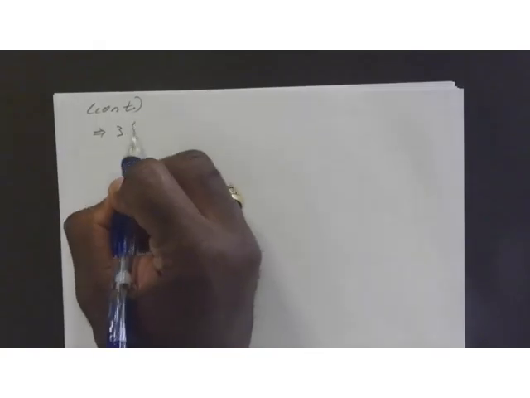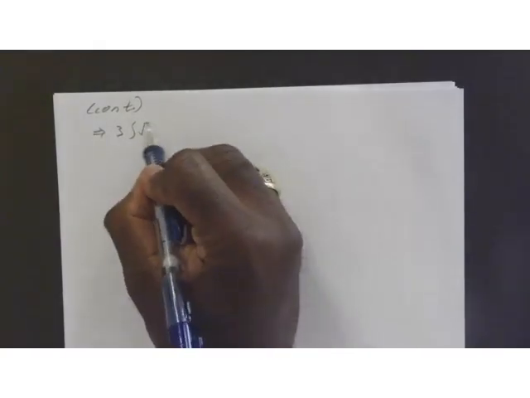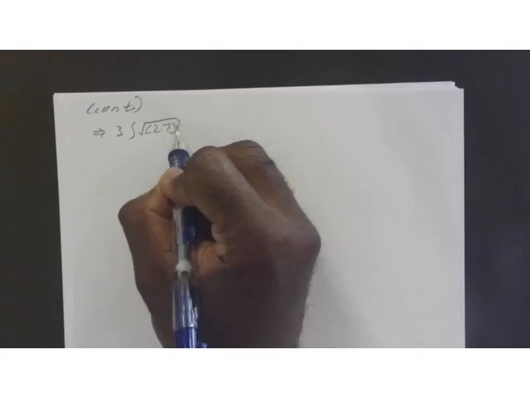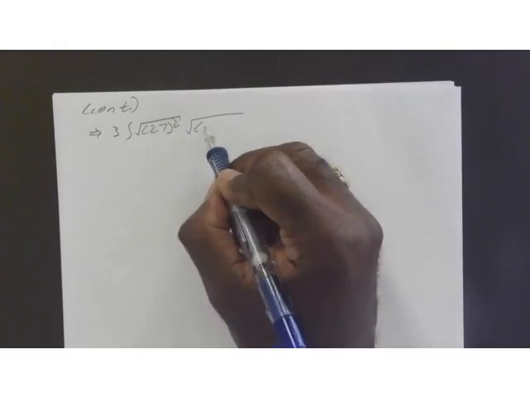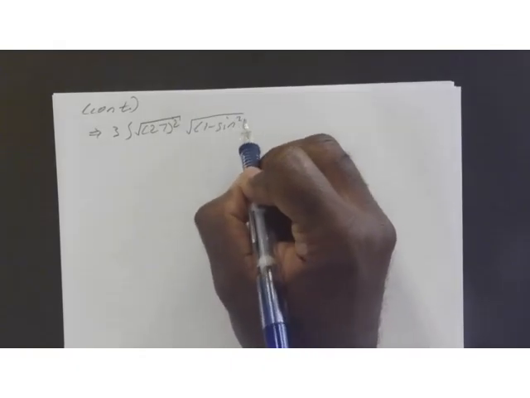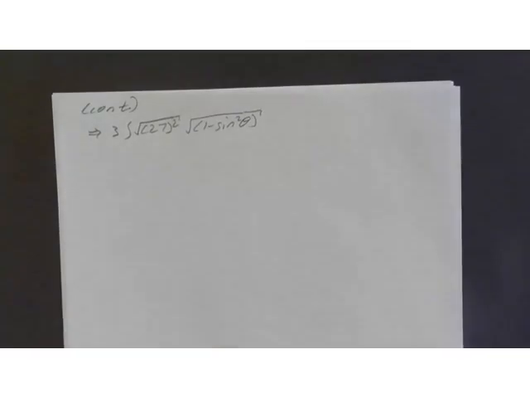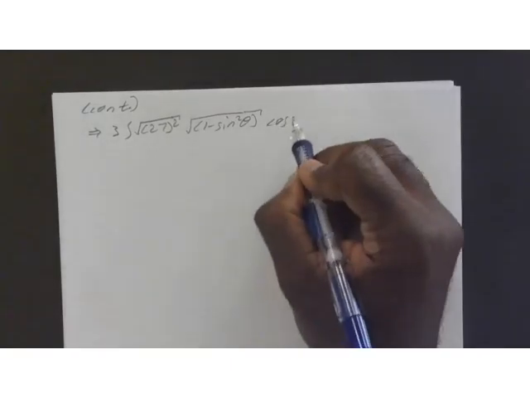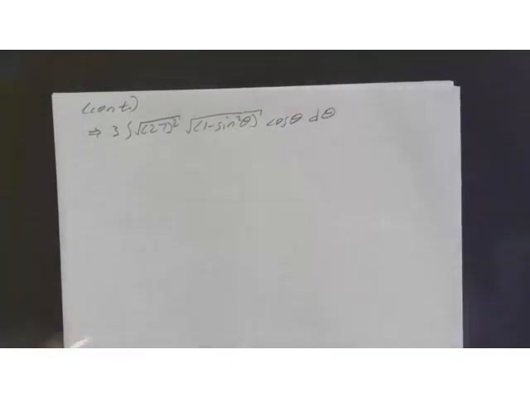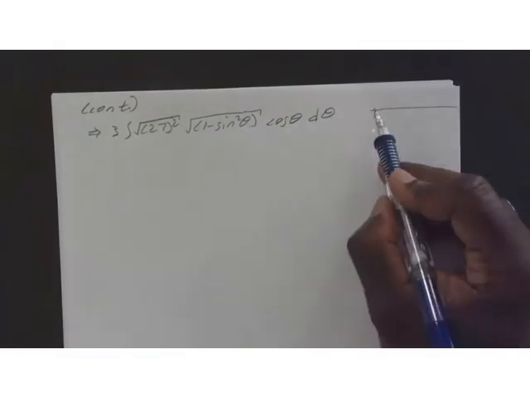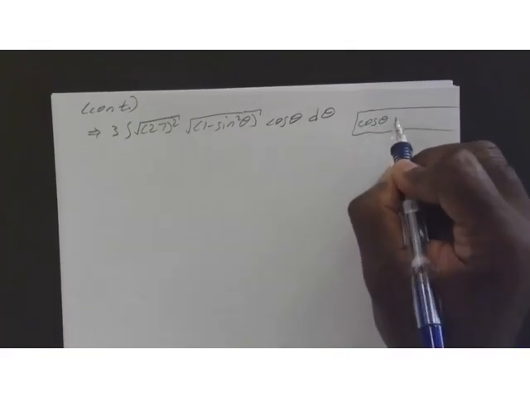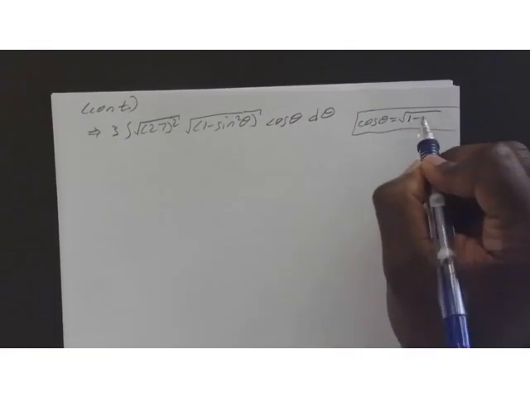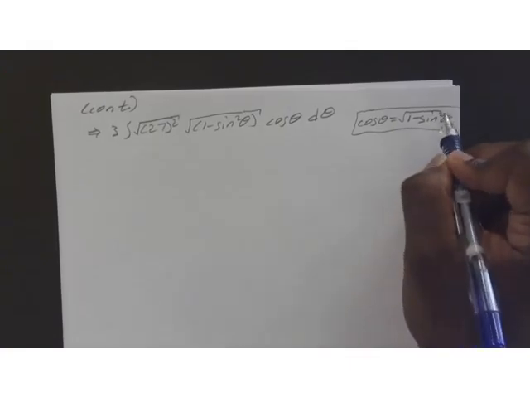Left off at 3 times the integral square root of 27 squared times the square root of 1 minus sine squared theta times cosine of theta with respect to theta. And we also left off knowing that cosine of theta is equal to the square root of 1 minus sine squared of theta.